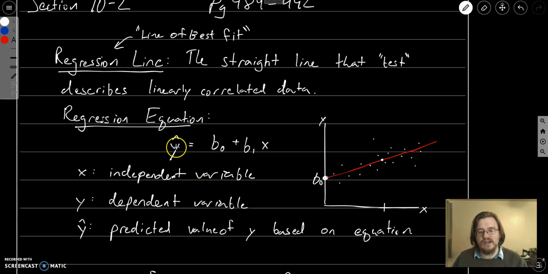In this equation, I've used y hat, which is the predicted value of y based on our equation. Whereas y corresponds to actual data values, y hat is this prediction, and we just hope that our prediction is accurate.